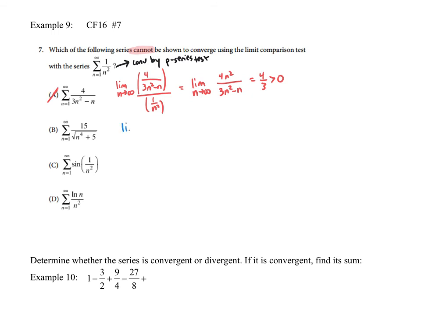Let's do the limit as n goes to infinity. I'm going to save us a little bit of time on notation. If we take the unknown divided by 1 over n squared, we're going to get 15n squared over the square root of n to the 4th plus 5. You could utilize some different techniques algebraically to analyze this limit.